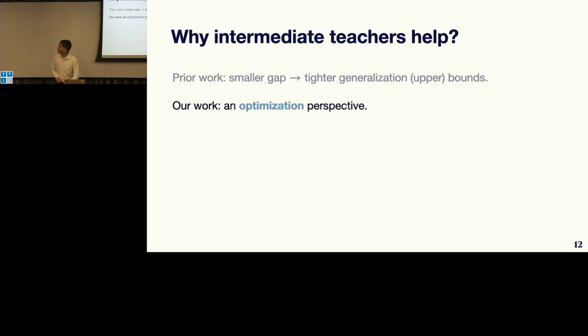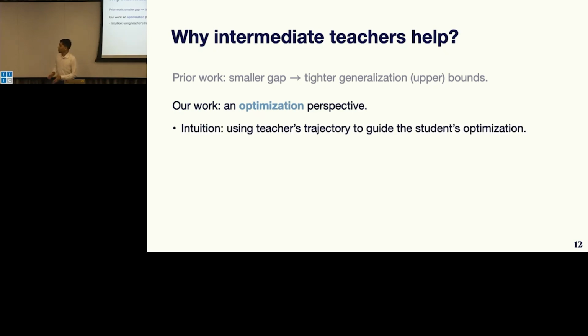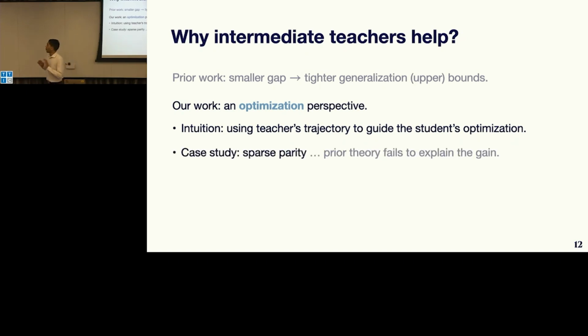On the other hand, we take an optimization perspective. We want to formalize the intuition that if we have access to the teacher's trajectory through its intermediate checkpoints, we should be better able to guide the student. And that should give us some optimization benefit. We extensively studied this on a synthetic testbed called sparse parity, where we show that the prior theory can fail to explain the gain that we'll show.